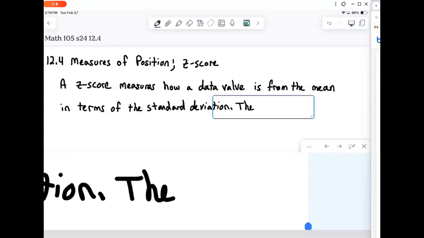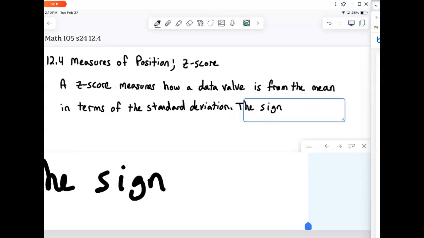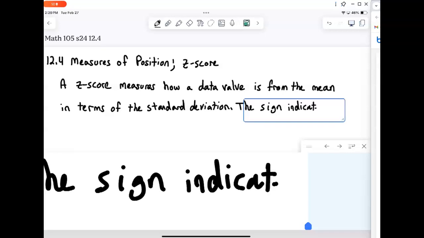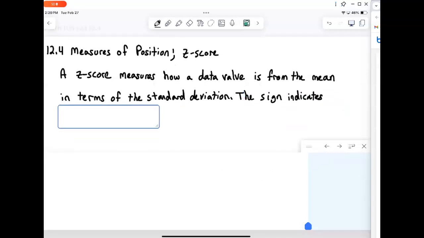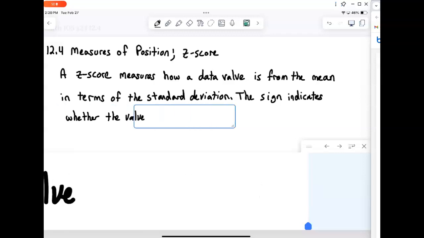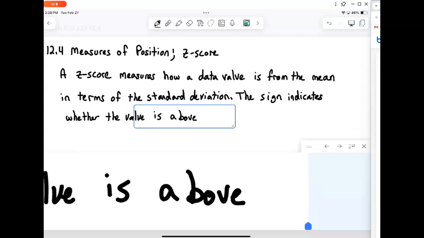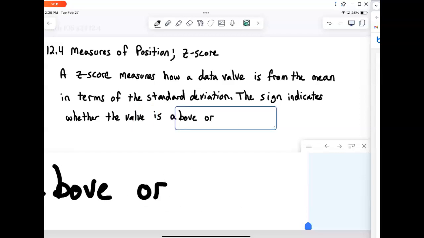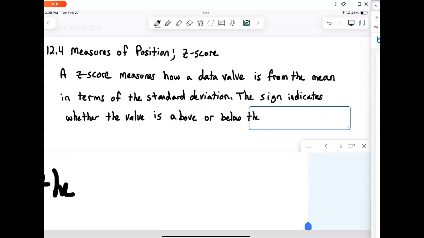The sign on the z-score indicates whether the value is above or below the mean.